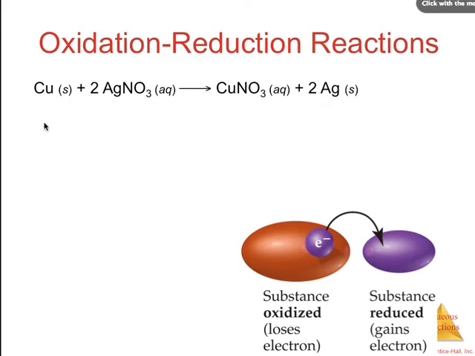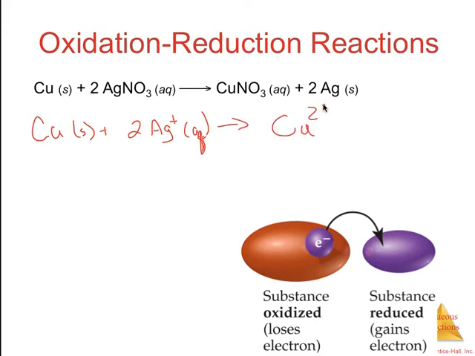If I were to write the net ionic for this, it would be copper solid plus 2 silver ions in solution, aqueous, goes to copper 2+ ion in solution and 2 silver atoms solid.